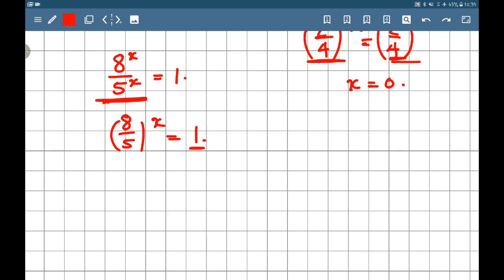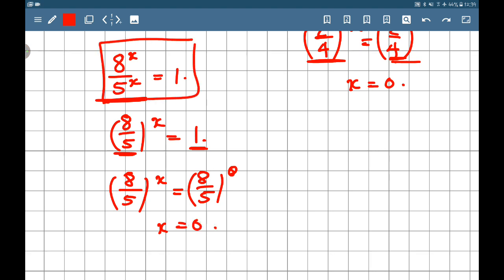When we solve exponents, we need to make sure that the bases are the same. Okay? Yes. So look at our base there. It's 8 over 5. So we can write this as 8 over 5 to the power x is equal to 8 over 5 to the power 0. And in this case, x is equal to 0.